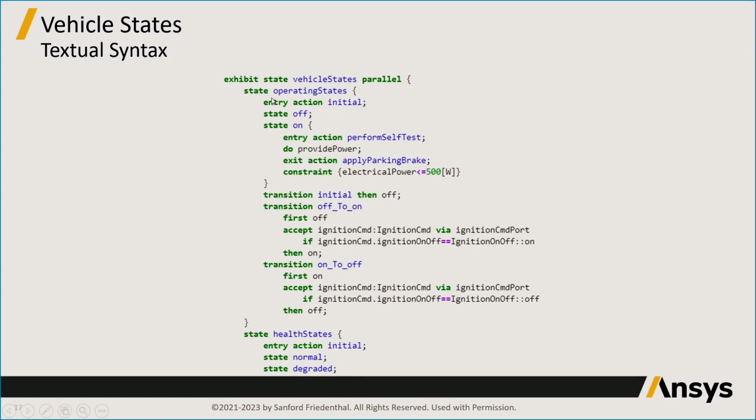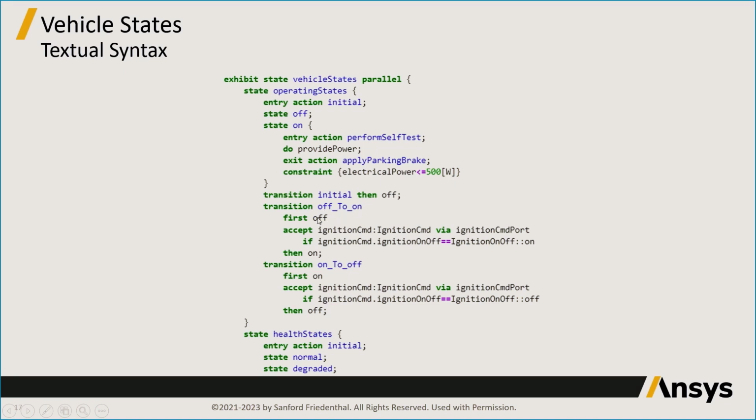But you can see the operating states with the off state and the on state, the entry action, the do action, the exit action. You also see the constraint that the electrical power is less than or equal to 500 watts. You see the transitions from off to on.